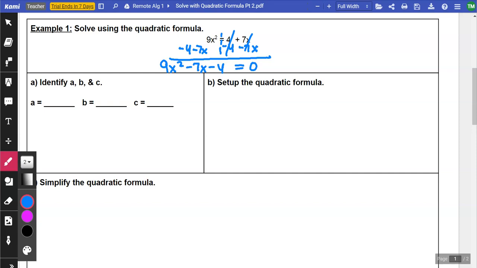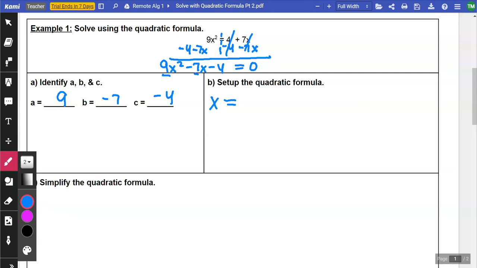So using 9x squared minus 7x minus 4 equals 0, a would be 9, b is negative 7, and c is negative 4. So now let's set up our quadratic formula.